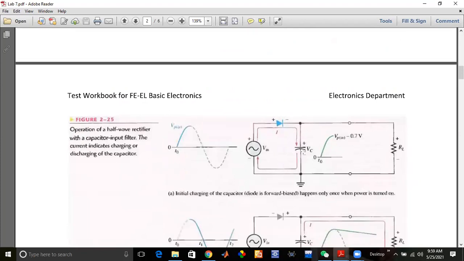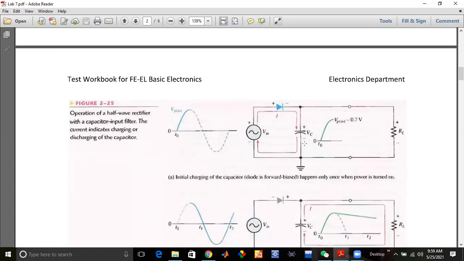But when we insert the capacitor here and the load here, the output will be filtered as compared to the previous circuit without the capacitor. How does this work? As you know, if there is no capacitor, then the circuit will be like this.